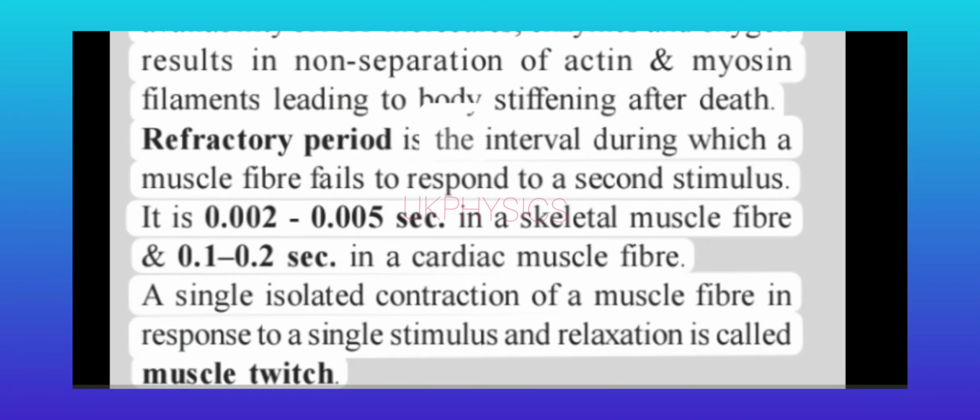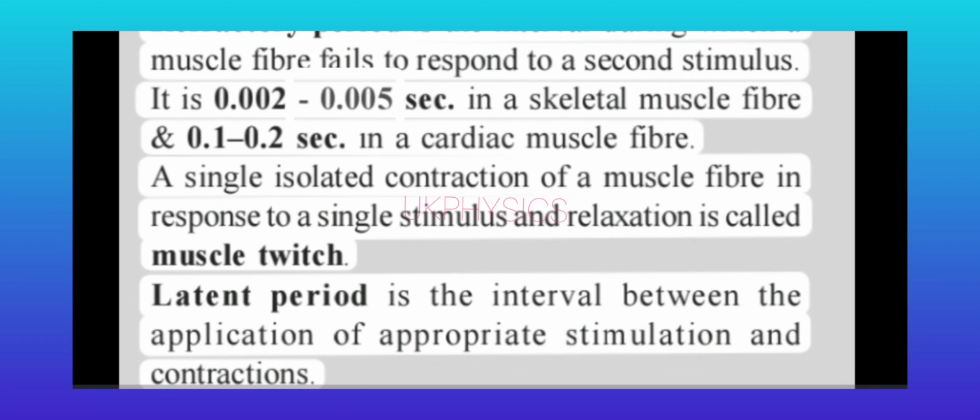Refractory period is the interval during which a muscle fiber fails to respond to a second stimulus. It is 0.002-0.005 seconds in a skeletal muscle fiber and 0.1 to 0.2 seconds in a cardiac muscle fiber.